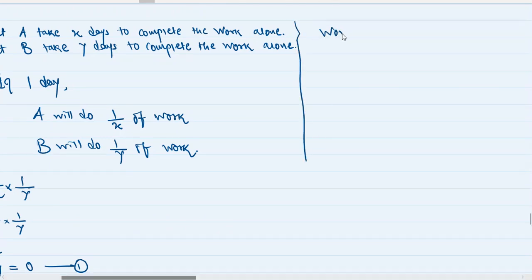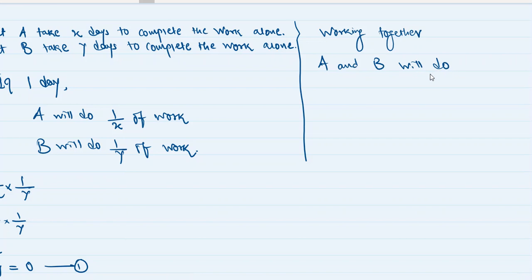So working together, A and B will do 1 upon x plus 1 upon y of the work in 1 day.